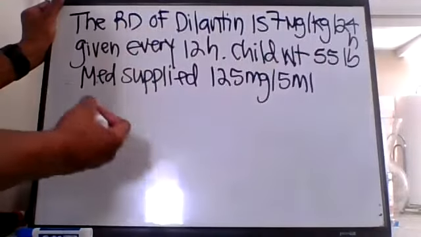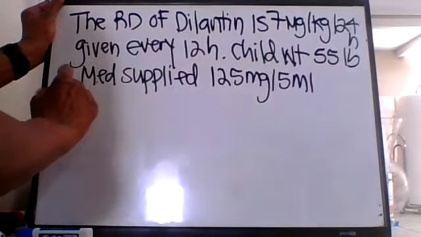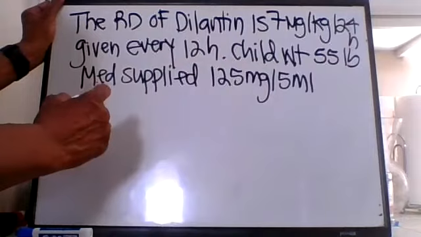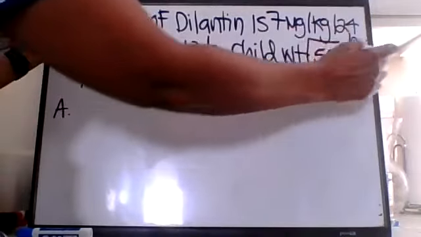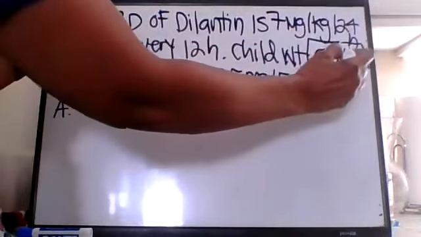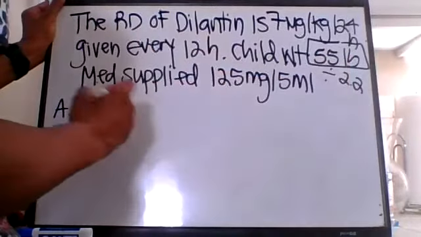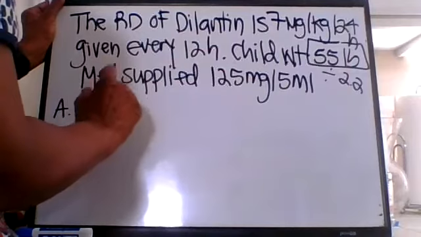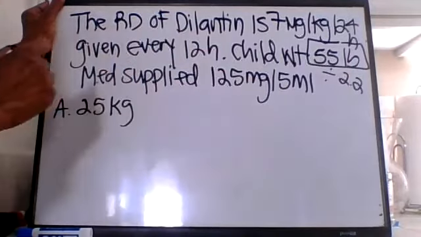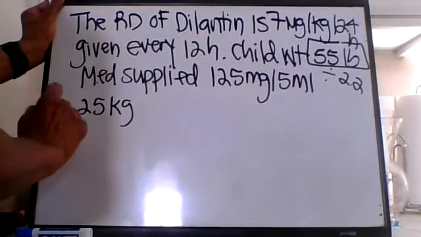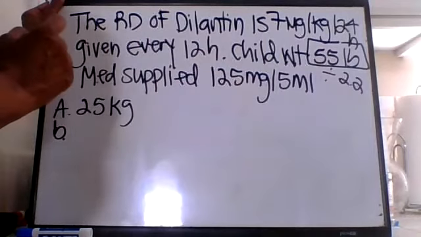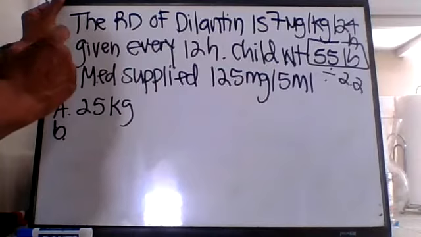Okay, so A is asking the child's weight in kilograms. That's step 1, is to convert. We divide the 55 by 2.2, and that gives us 25 kilograms. B is asking us to calculate the safe dose for this child.